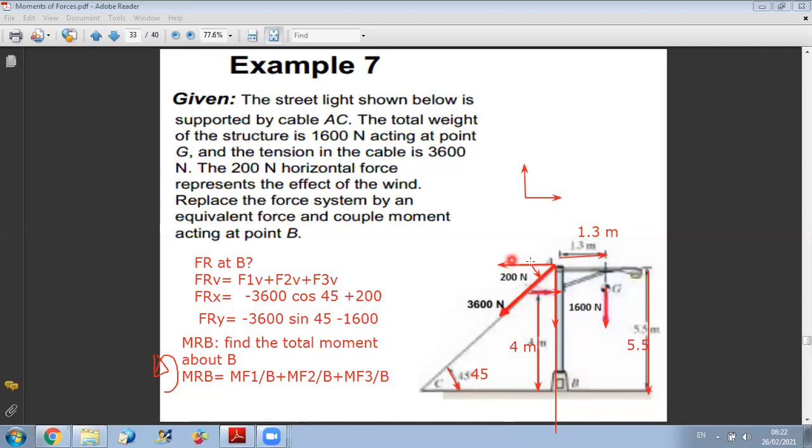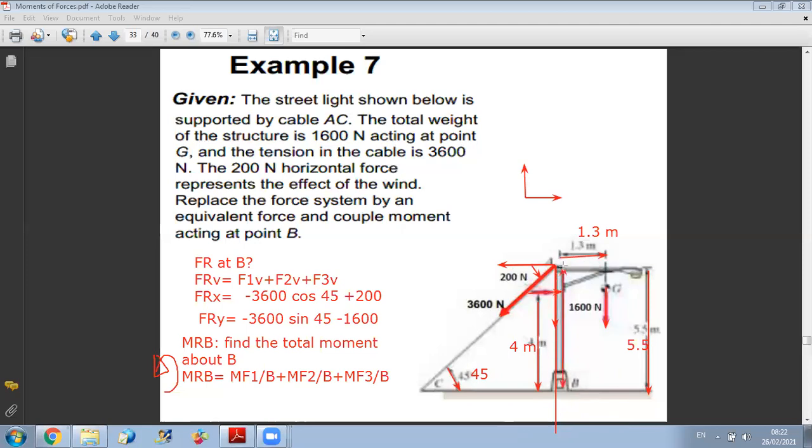And in magnitude, it's equal to the component, the magnitude of Fx, which is 3600 cosine 45. I should multiply it by what? The perpendicular distance from B to the line of action of the force.